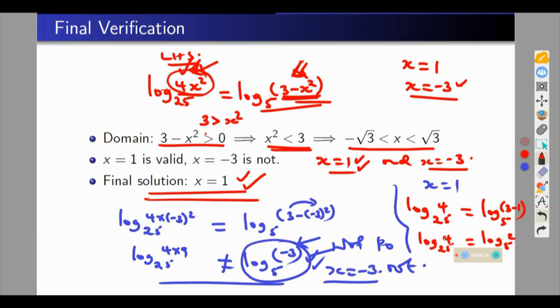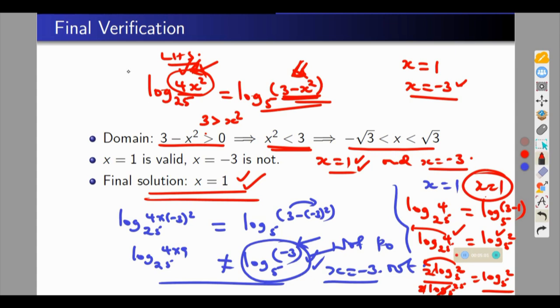This is true because when you convert it in terms of base 5, it will be the same as log base 5 of 2 squared divided by log base 5 of 25. Log base 5 of 25 is 2, so the 2s cancel. You will remain with log base 5 of 2. So you realize this and this are equal. So x equaling 1 satisfies the given expression.